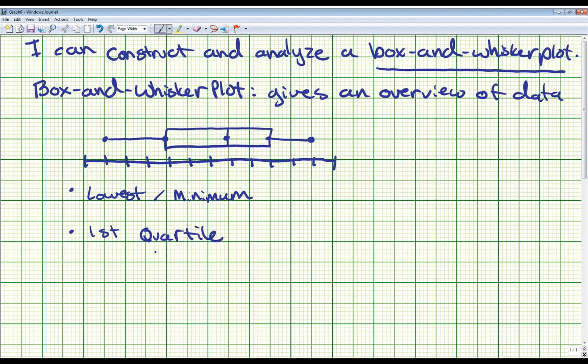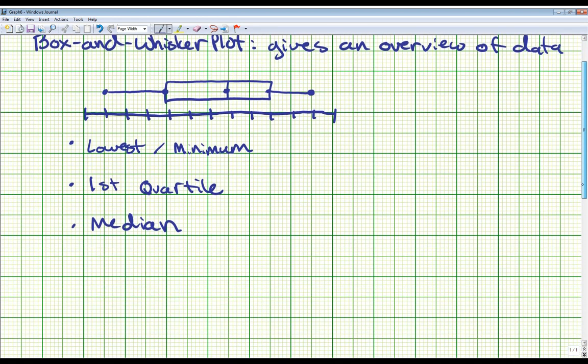And I taught you how to find the quartiles in a previous lesson in chapter 9, but we'll review that today. The next dot over, this one here, is going to be the median because that's right in the middle from the upper one and the lower one. So the next dot down we're going to call the median, and you also know how to find the median from a previous lesson in chapter 9.